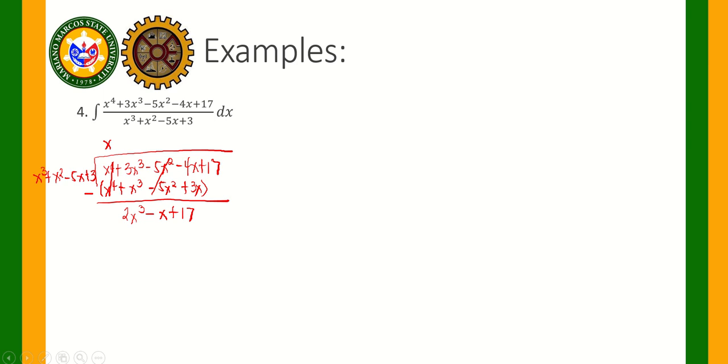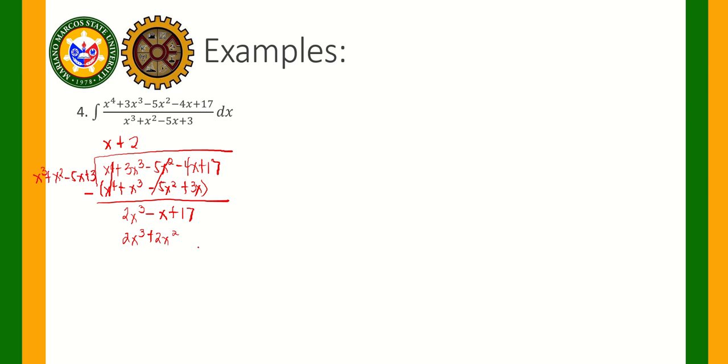Plus 17. Okay, so from there, 2x cubed divided by x cubed, that is equal to 2. Okay, so plus 2 here. And then 2 times x cubed, that is equal to 2x cubed. And then 2 times x squared, that is positive 2x squared.